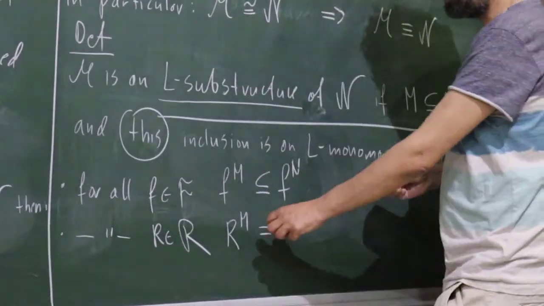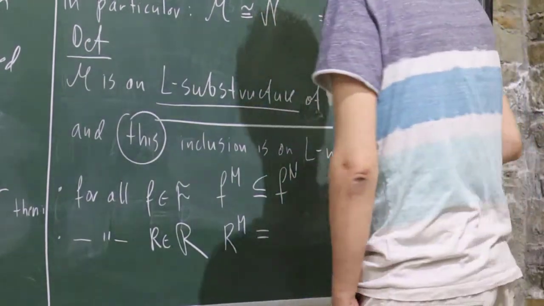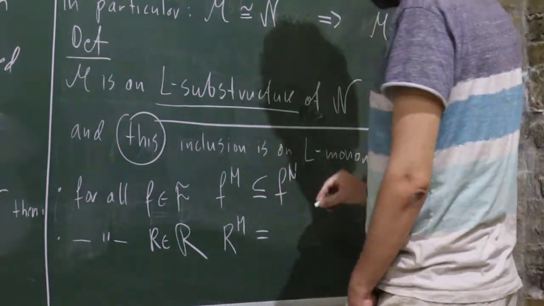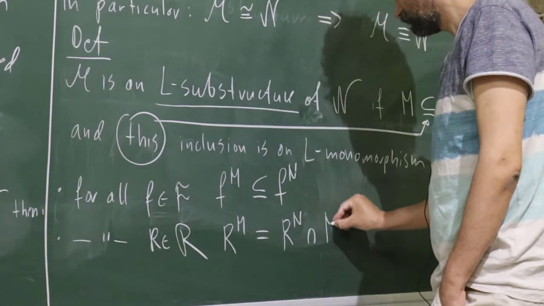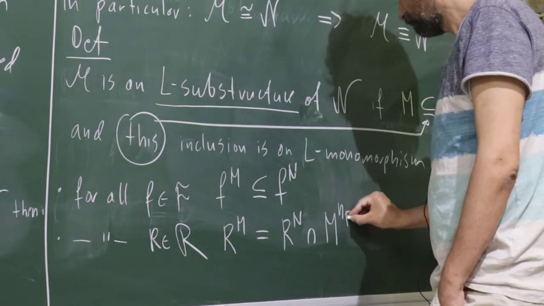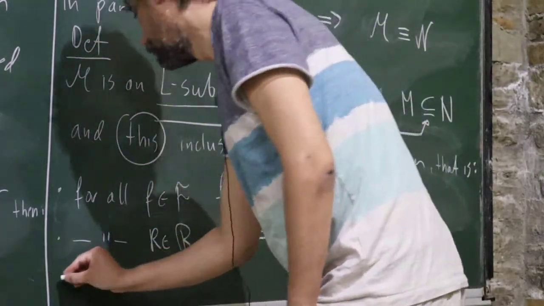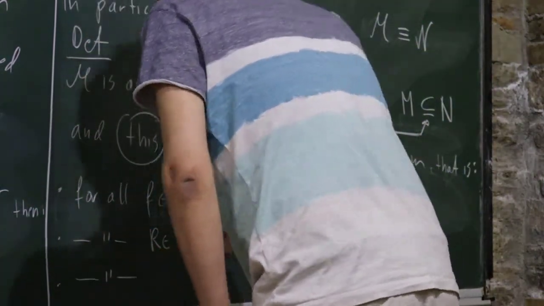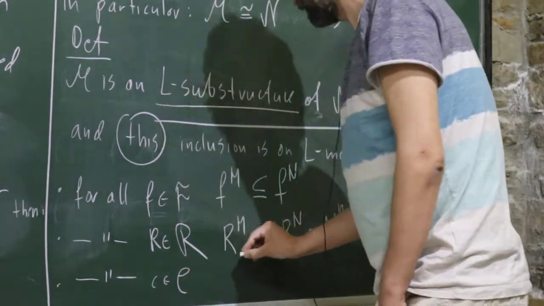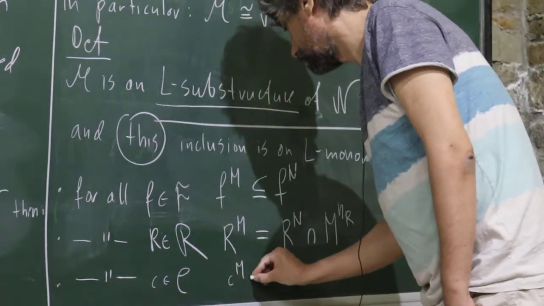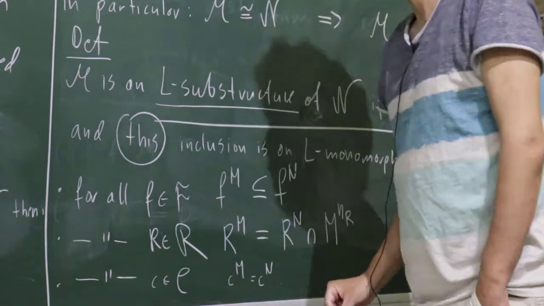This is not only a subset, but it's exactly the intersection. And of course, for constants, it's just the same interpretation.